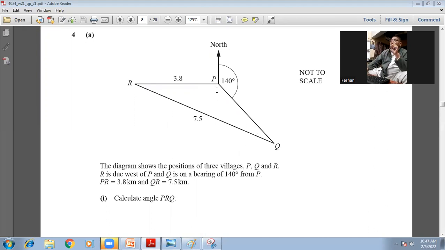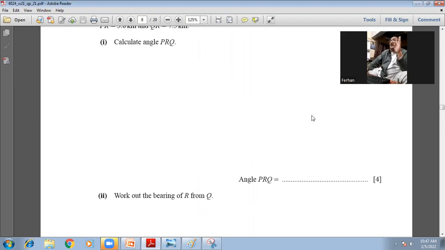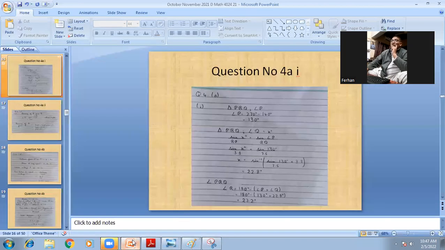Once you know this angle and this angle, subtract both of them from 180, then you will be able to find this angle. That's why this question is of 4 marks. So the actual question is to find this angle PRQ. Let me show you my solution.